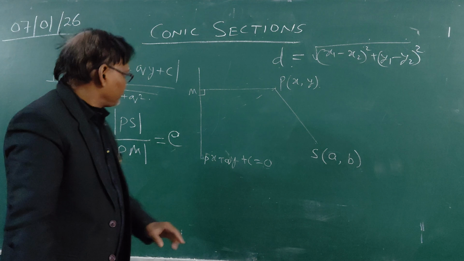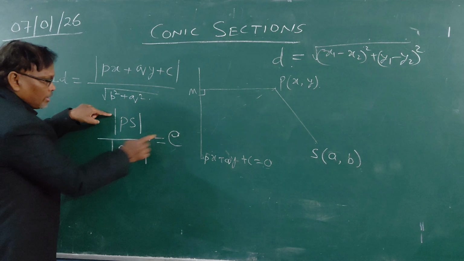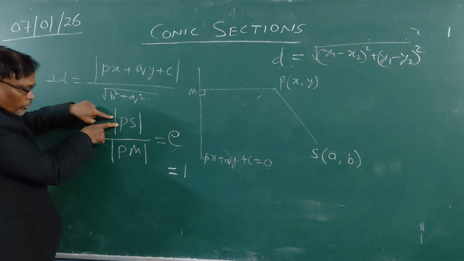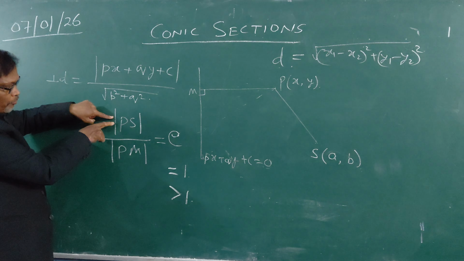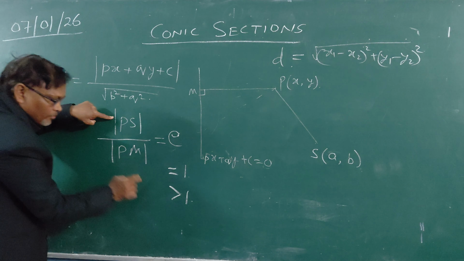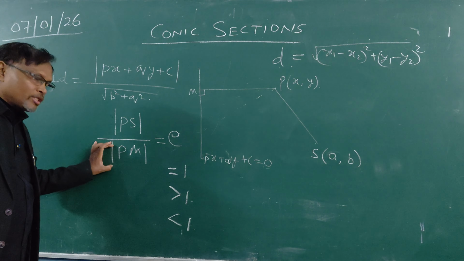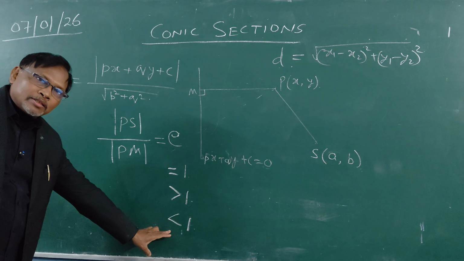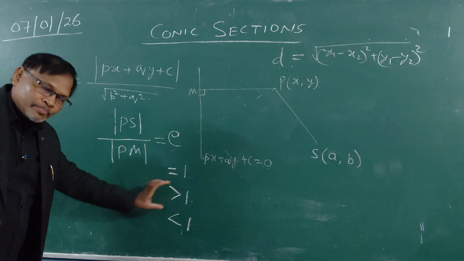Only three cases. If PS and PM are both equal, the ratio is equal to 1. If PS is more than PM, then it is greater than 1. If PS is less than PM, then it is less than 1. That means if the denominator is greater, the value will be lesser. If the denominator is lesser, the value will be more.